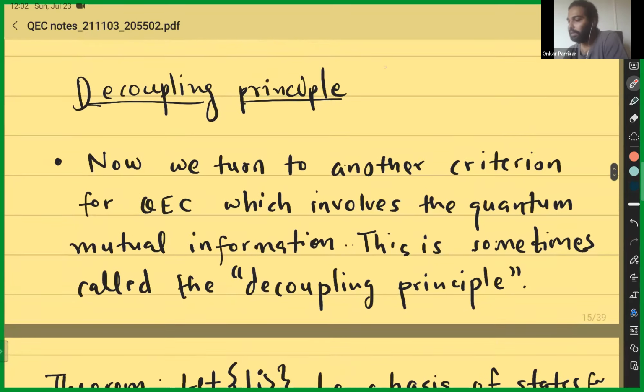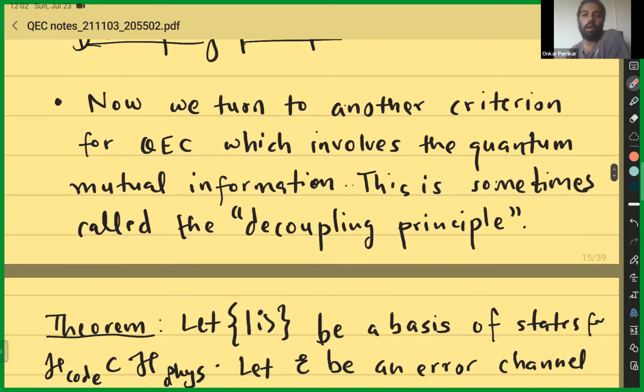And this goes under the name of the decoupling principle. The decoupling principle is just another completely equivalent way of stating the Knill-Laflamme conditions in an even more accessible and information theoretic way.